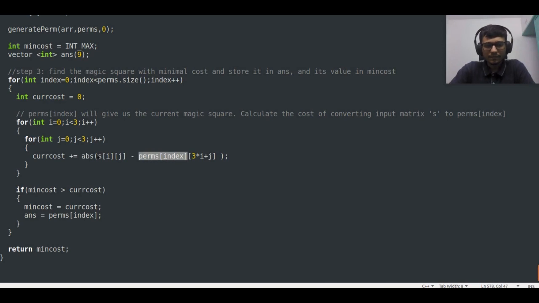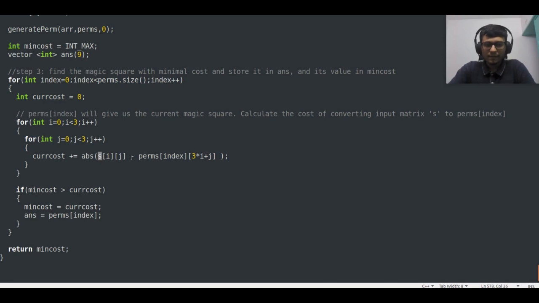There is one point that we should note here. Since this matrix s is a two-dimensional matrix, we can index it using s of i comma j, but this matrix perms of index is a flattened matrix and it's not a two-dimensional matrix, it's a one-dimensional array.